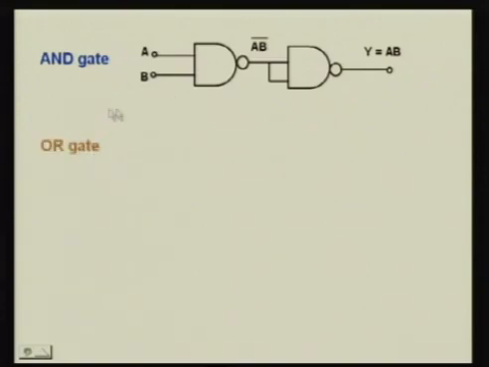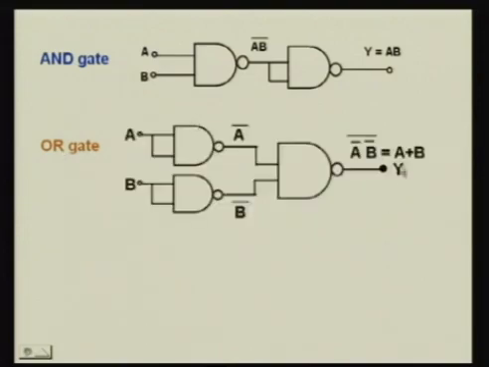Now how can we use a NAND gate as an OR gate? Now we want A plus B at the output. Y is equal to A plus B, we want. If we take the double bar of both sides, then Y double bar will be equal to Y, and the whole of A plus B double bar, the first bar if we apply De Morgan's law, will be A bar, B bar and whole bar.